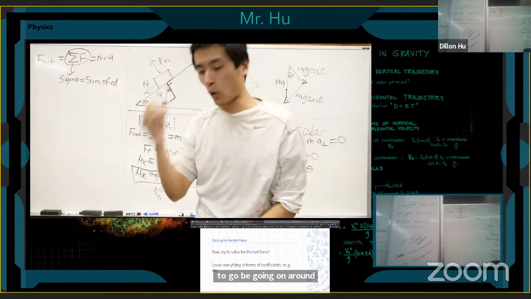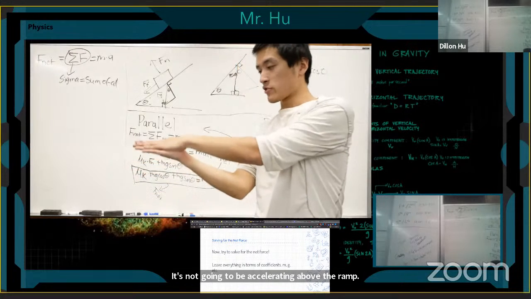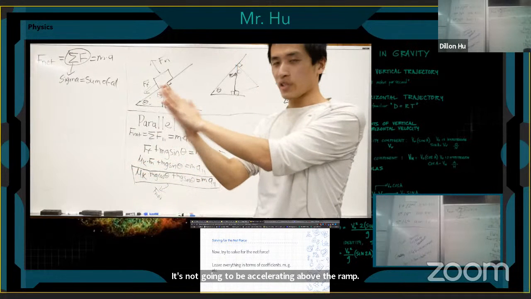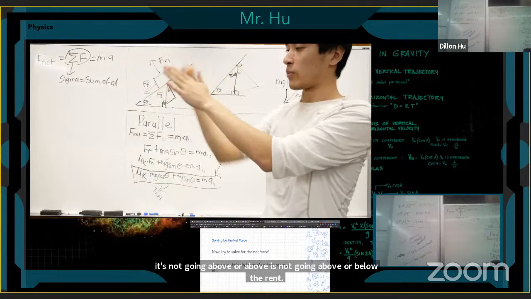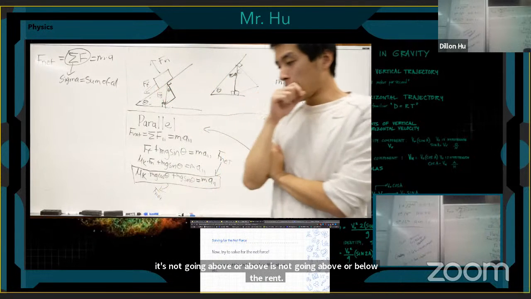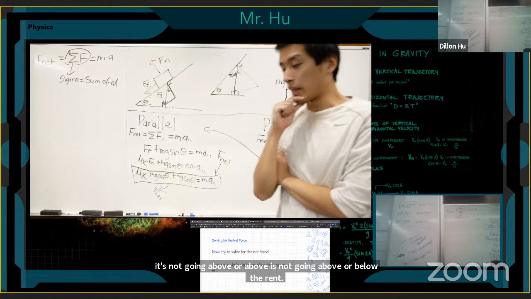Sort of like if you were rolling something on a table, it's not going above the table, and it's not going below the table. So imagine if this table was now just at an incline. It's the exact same thing. It's going to be moving parallel to it, but it's not going to be accelerating above the ramp or below the ramp. If it was flying, then it would be going above or below.